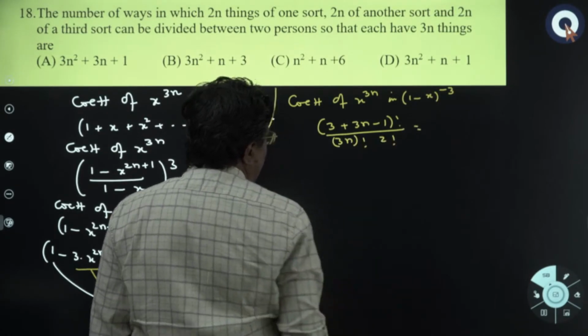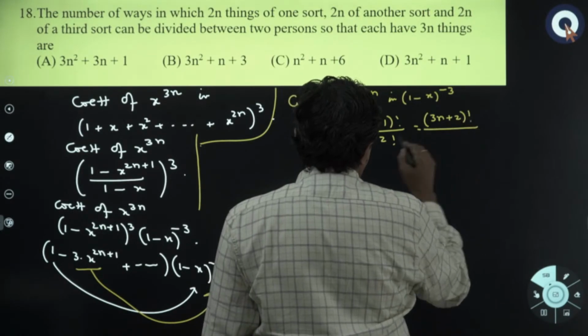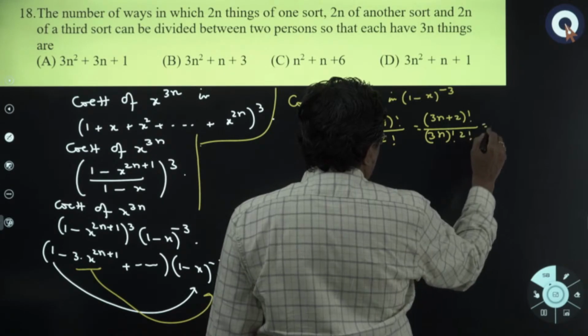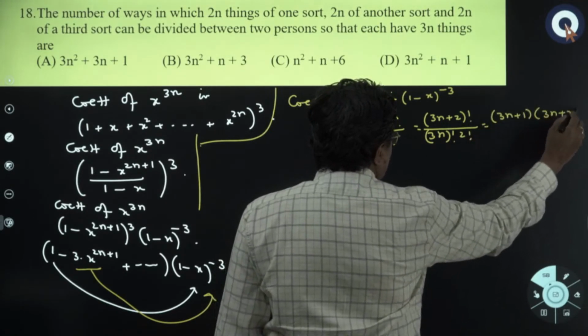So this is (3n plus 2) factorial by 3n factorial into 2 factorial, which is (3n plus 1)(3n plus 2) by 2.